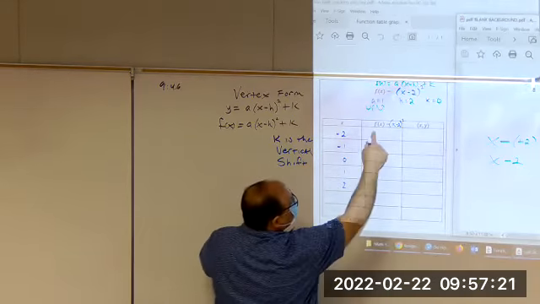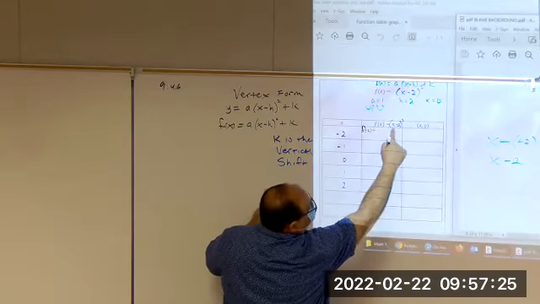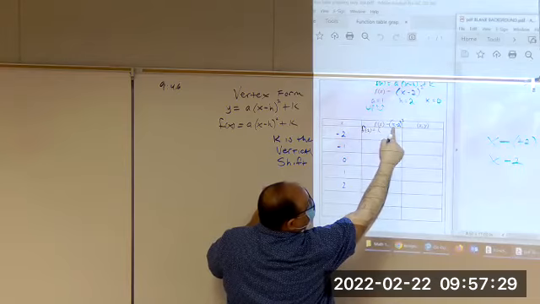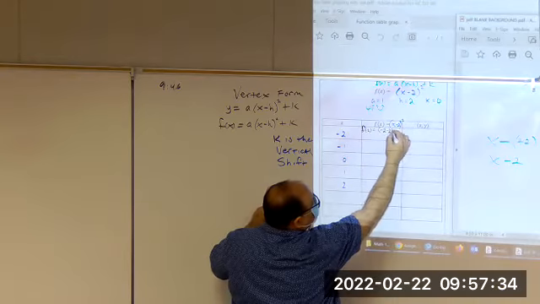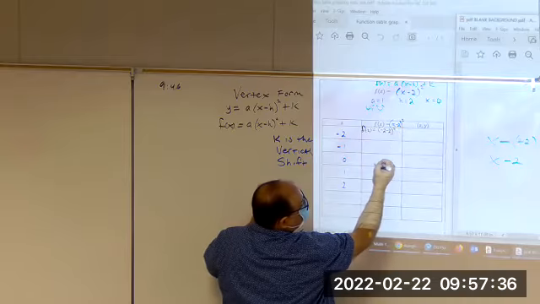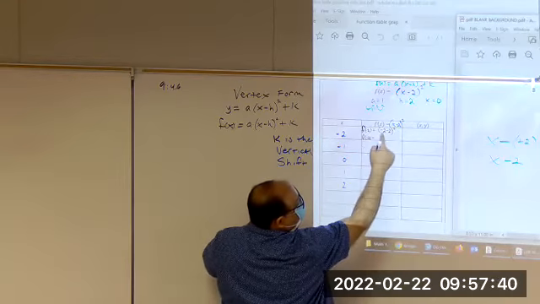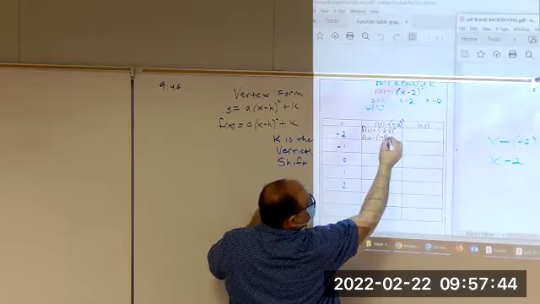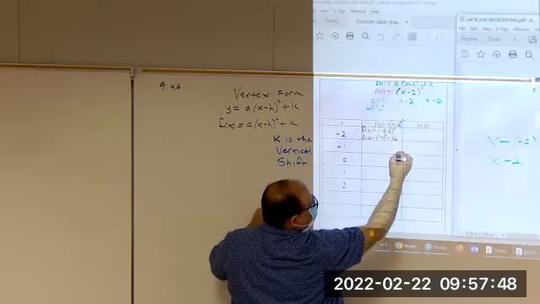When I plug in the negative 2, f of negative 2, it's going to go into the parentheses. That x is now a negative 2, and then you subtract 2, and we square it. So f of negative 2 is negative 2 minus 2, which is negative 4, squared, and negative 4 squared is positive 16.